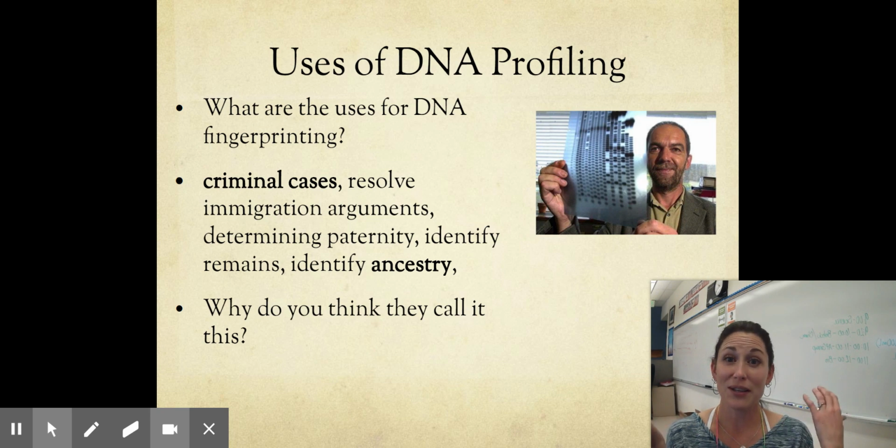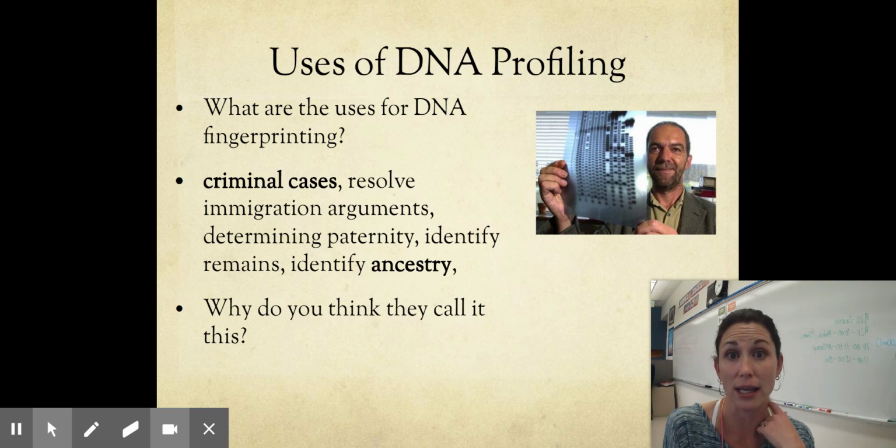So when we're talking about DNA, what is the point of DNA profiling? Why do we do it, and what are the possible reasons that we might be involved in this? Generally speaking, we use DNA profiling to help us with criminal cases. It might help us resolve immigration arguments in terms of where somebody originated from. It is also extremely important in determining paternity cases.